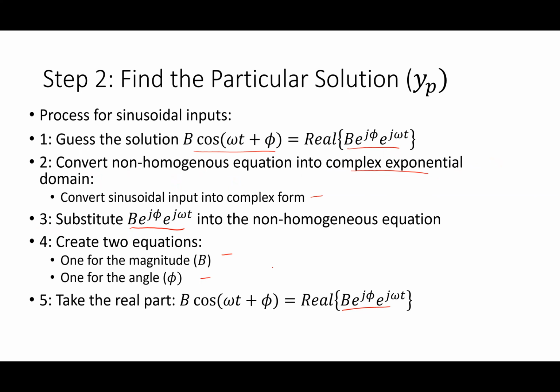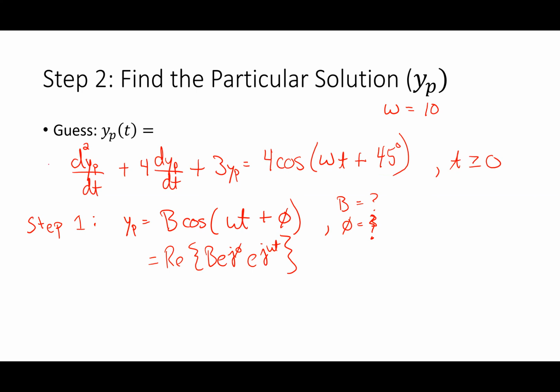Now, step two is to get the non-homogeneous equation into the complex domain, which means to take this guy here and put it all in terms of that dynamic phasor, right?